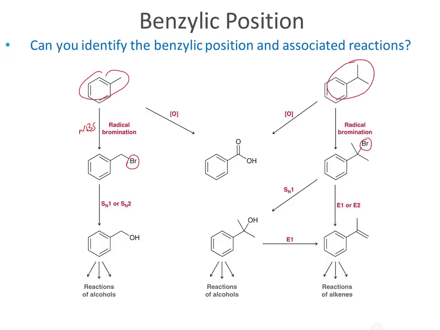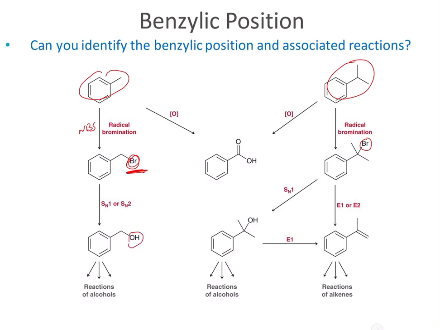So as long as we have a benzylic position, we can now begin to do a lot of reactions. The moment we create a halide, then now we can do SN1, SN2 reactions, a lot of other reactions. Okay, so with that we can transform this into an alcohol.